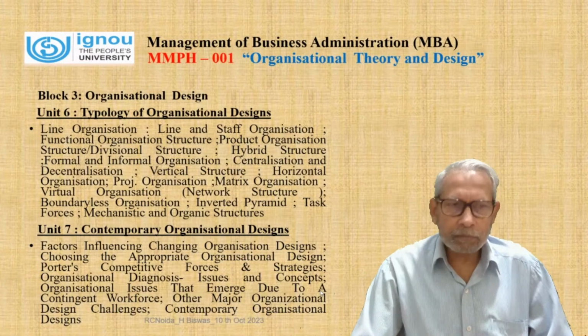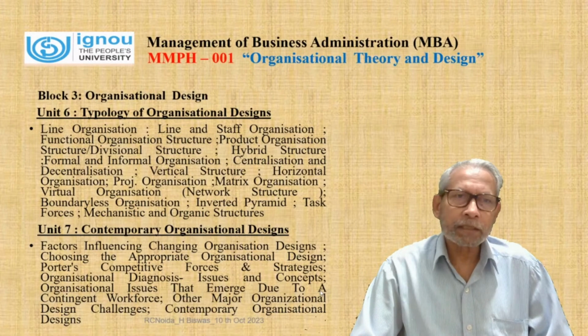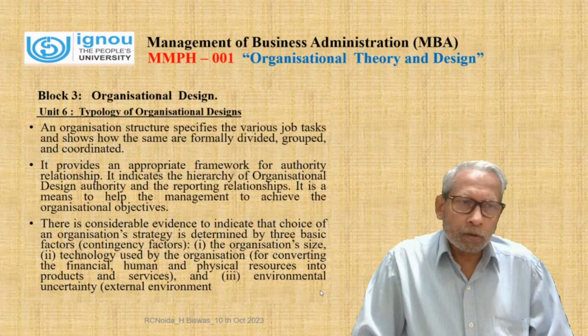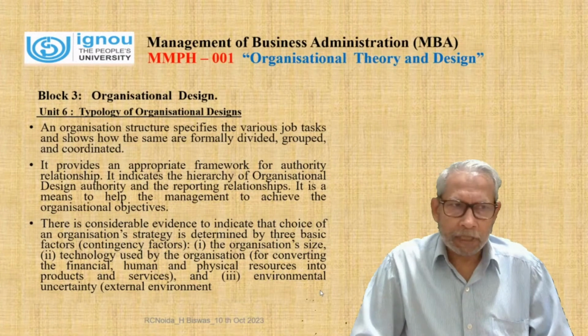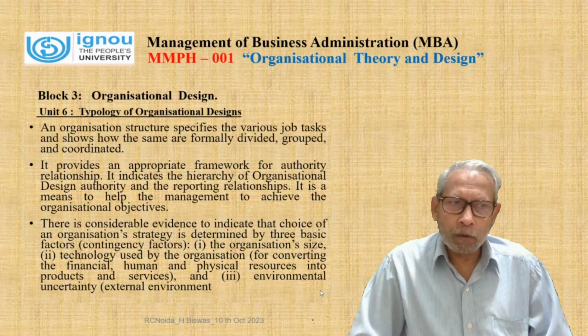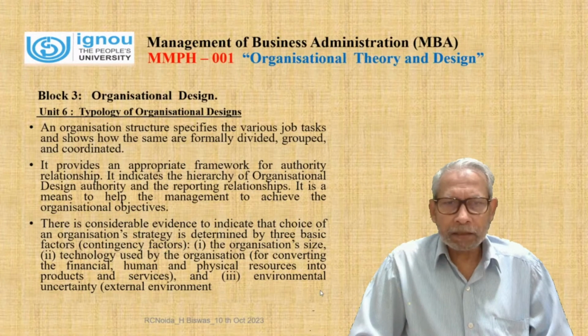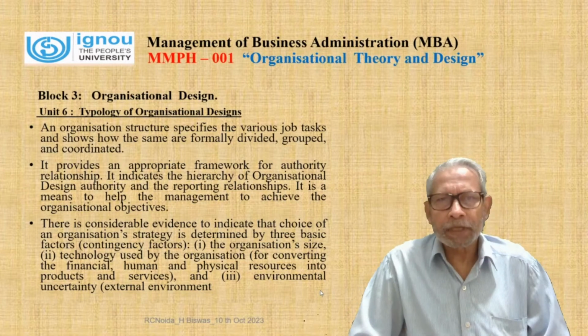Now try to clear the concept of organization design or structure. An organization structure specifies the various job tasks and shows how they are formally divided, grouped and coordinated. So within the structure, it has to be decided what should be divided, how it should be grouped, and what type of coordination.